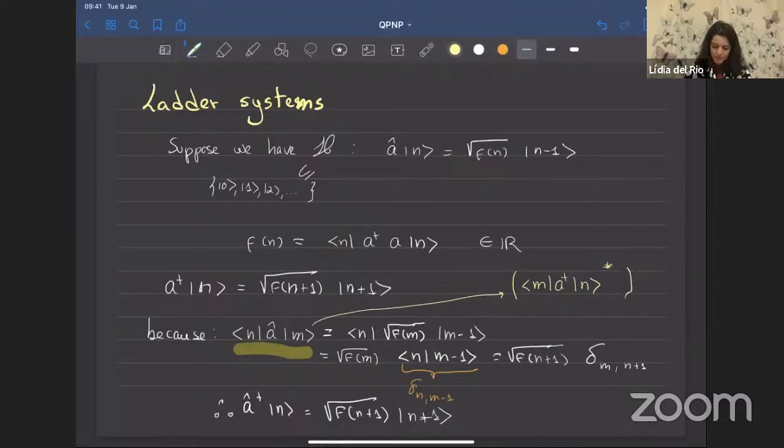But because f is a real function, it's going to be exactly the same as this. The complex conjugate of a real number is the same number again, and it's this. So this tells us how A plus acts on n, because then if we do the inner product with anything else, it's going to be this delta of n plus 1 and m times this function evaluated on n plus 1. So then the only solution is this. Okay, good.